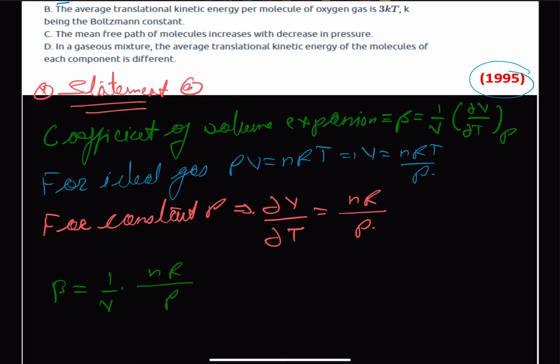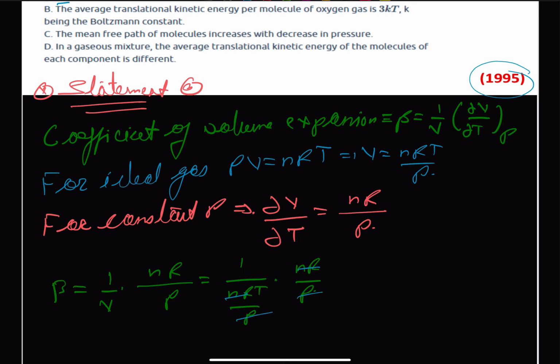And volume we can write as nRT upon P. So this comes as 1 upon nRT upon P, multiplied by nR upon P. Here nR goes away, and P also cancels out.